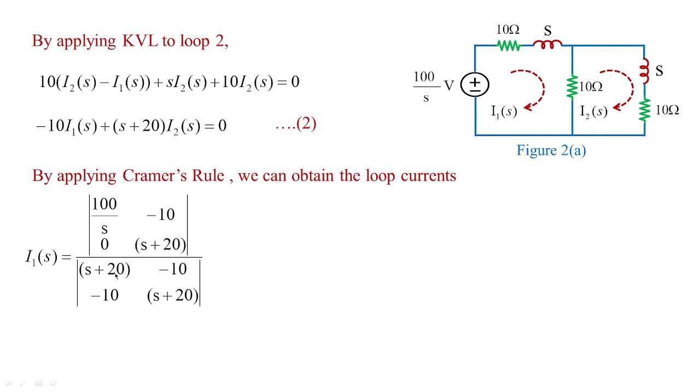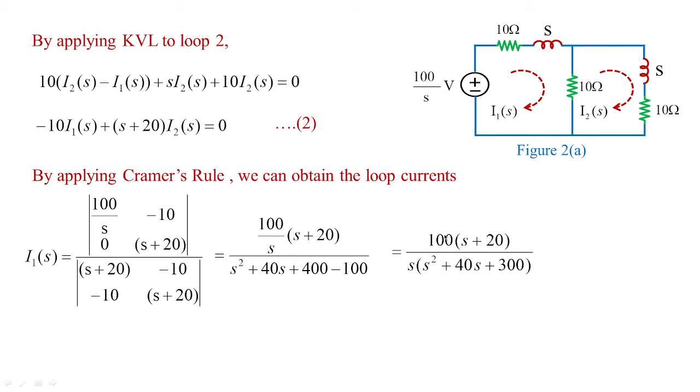So you have S plus 20, minus 10, S plus 20. You can cross multiply in the numerator as well as in the denominator. We are going to get 100 by S times S plus 20 whole divided by this S plus 20 square, minus of minus becomes minus 10 square.